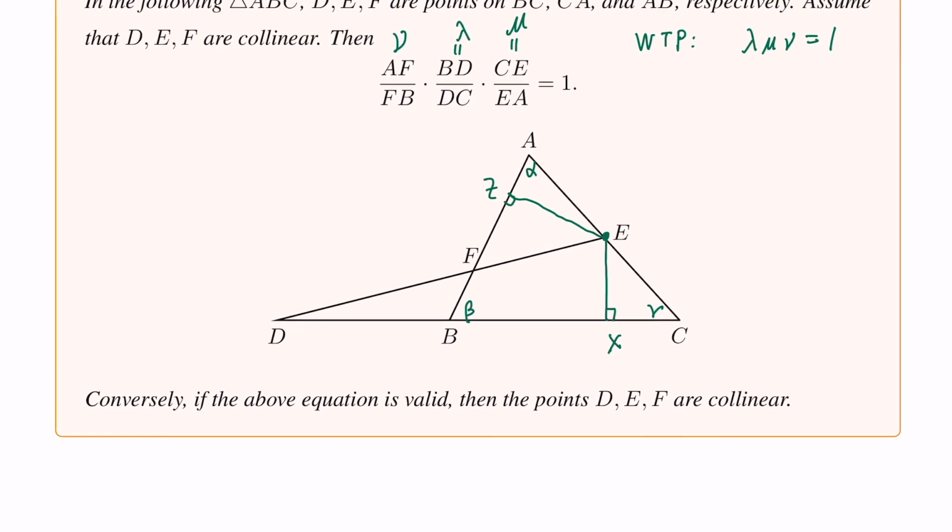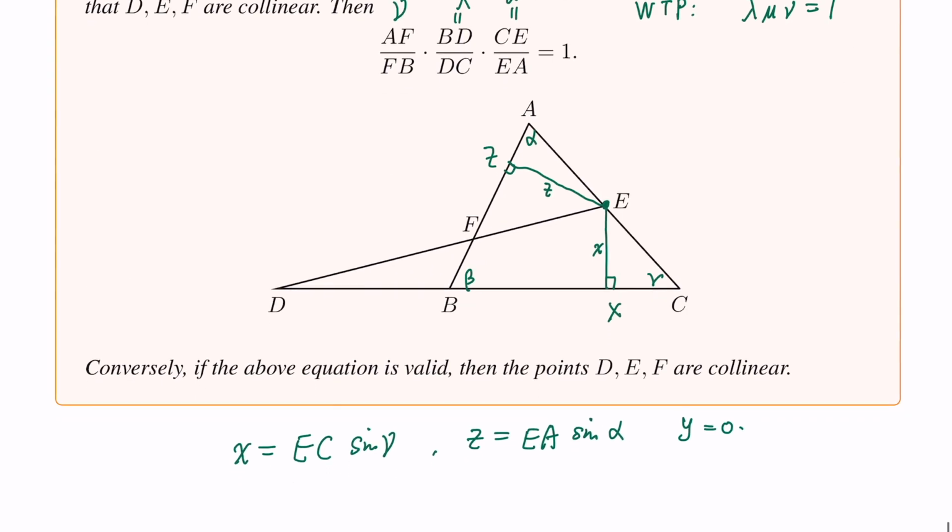X would be equal to EC sine gamma, and Z would be equal to EA sine alpha. Y is equal to 0. So for E, the trilinear coordinates would be EC sine gamma, 0 in the middle, EA sine alpha.